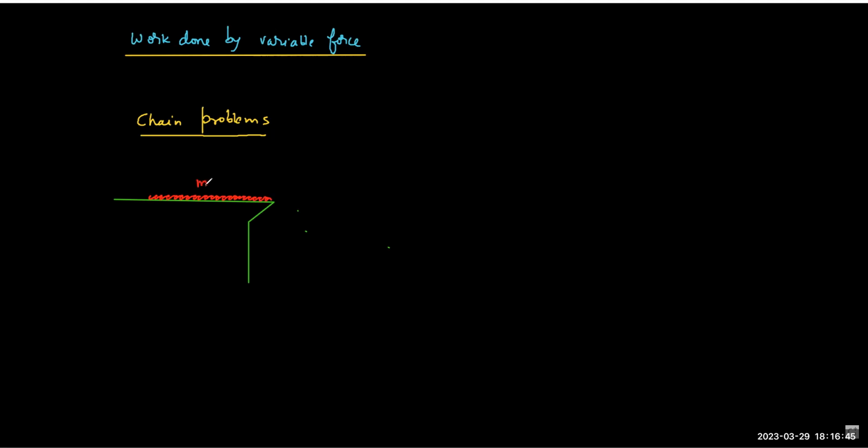The mass of the chain is m and the length is L. Now after some time, in a subsequent motion, what you see is that a part of the chain is hanging, and the hanging part let's call x, and the remaining part is L minus x.